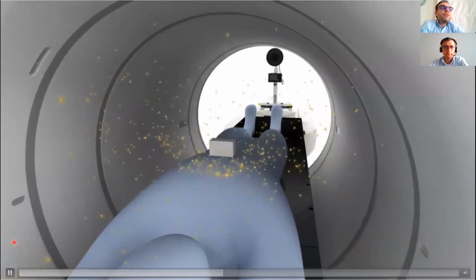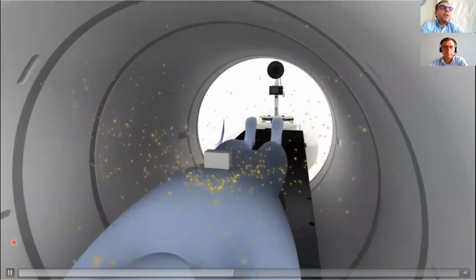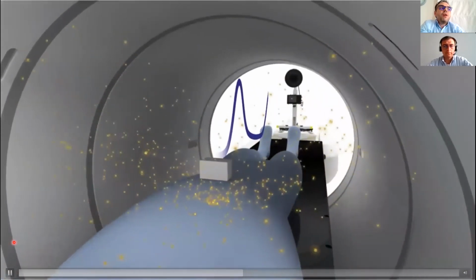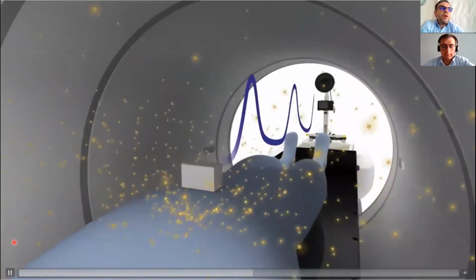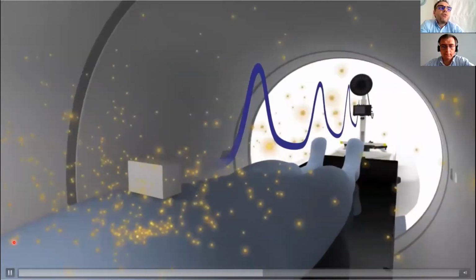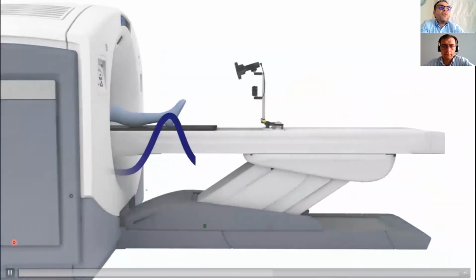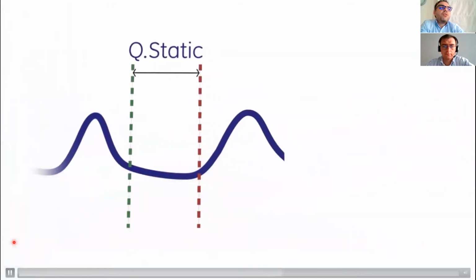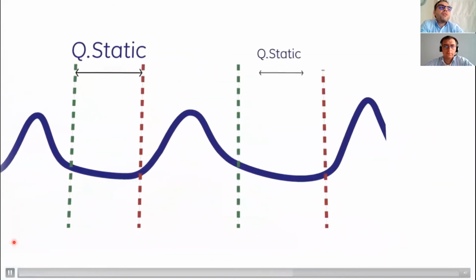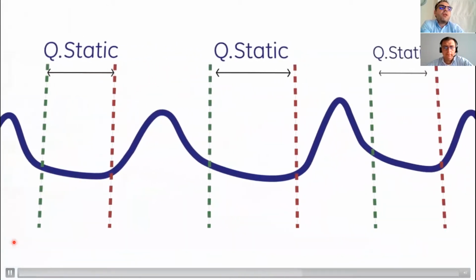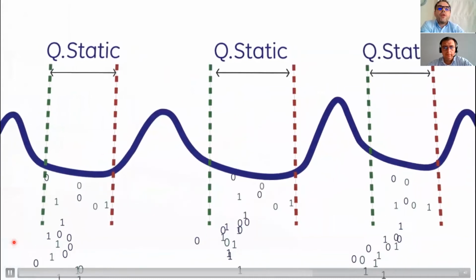So in regions where activity is accumulated, annihilation photons are produced and detected by the scanner. The respiration cycle is synchronized with the scanner, and only those photons that are detected during the less moving phase of the respiration are taken into account and form the images.